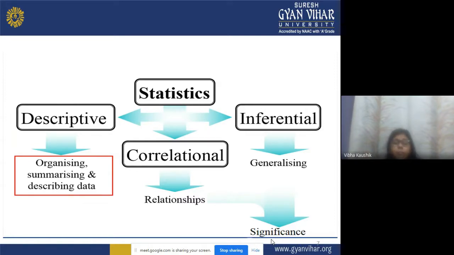Correlation: we find out the relationship between two variables. Inferential statistics allow us to generalize the results or data and assess their significance.